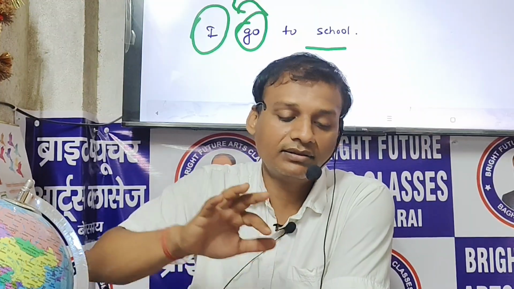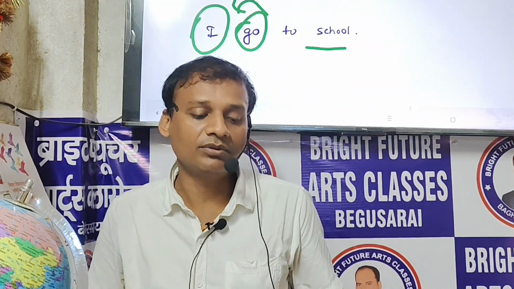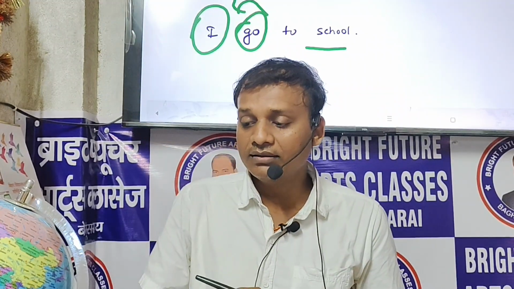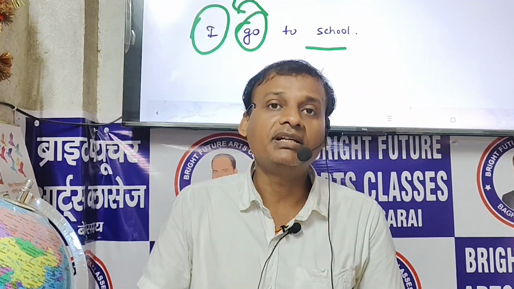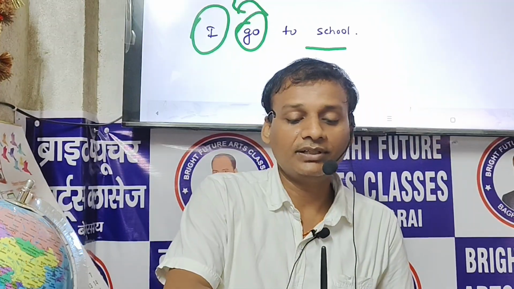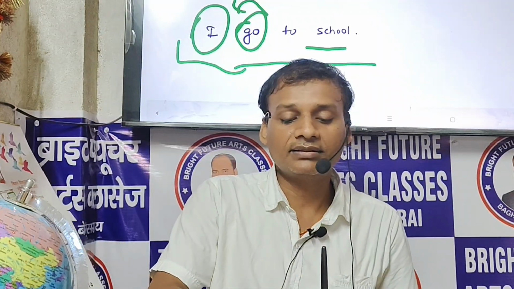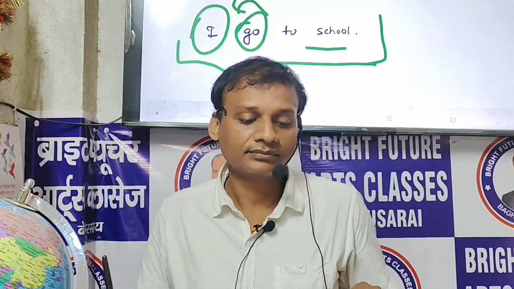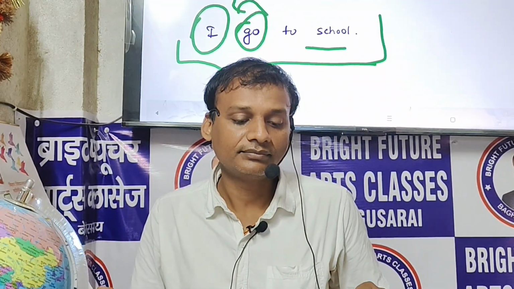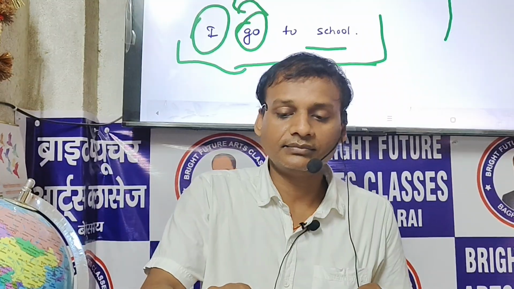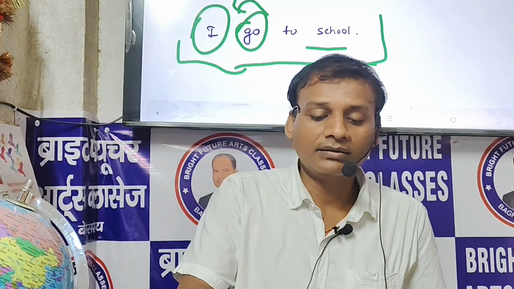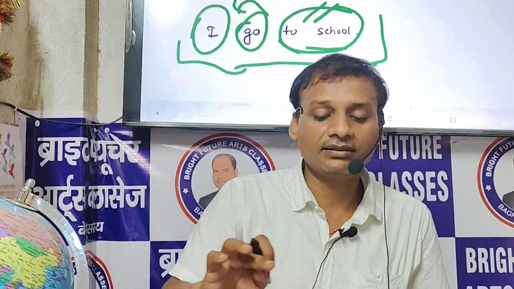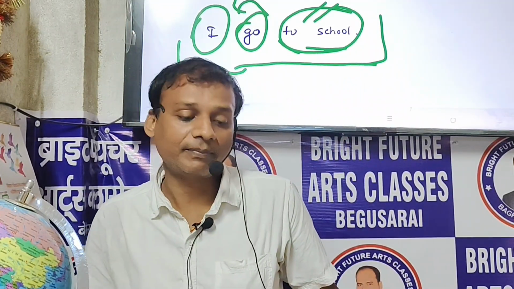And the rest is the impact of the verb. That is what? School. It is the object. I go to a school. The first should be, I think, subject predicate, but I have left that. No worry. Complete your tense. This part I told you is the object. After a few classes I will tell you it is different.